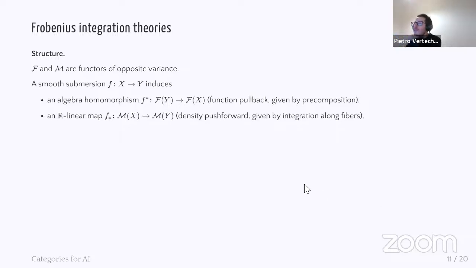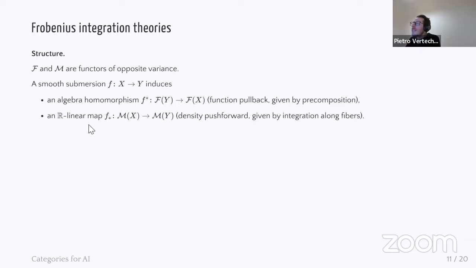Because if we have a smooth submersion from X to Y, this induces, first of all, an algebra homomorphism, F upper star from F of Y to F of X, which we call the function pullback, and it's given by precomposition. So if I have a real valued function on Y, and I want to pull it back to X, I just precompose with F.